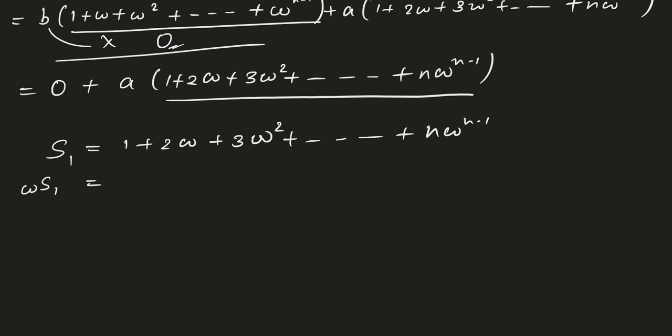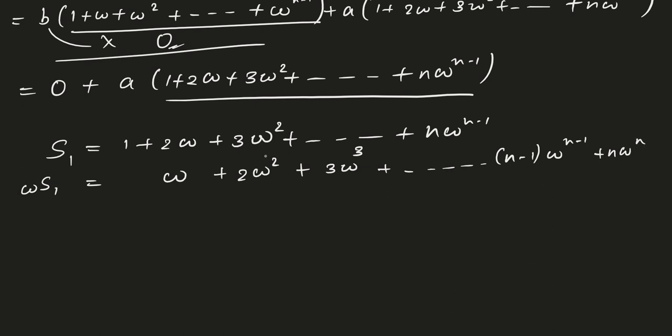We'll multiply 1 by omega, then it becomes omega, then 2 becomes 2 omega square, then 3 omega cube, and we'll write it till n minus 1, the second last term, omega n minus 1, plus n omega n.